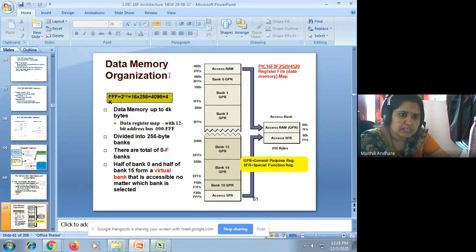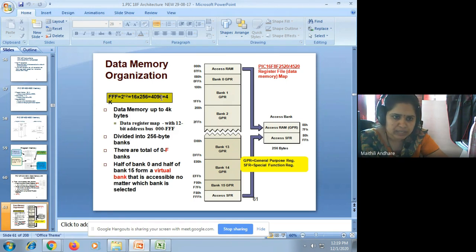This is the organization of data memory. Again, a number of banks are available. The data memory is 4 kilobytes, divided into a total of 16 banks, 0 to 15, and each bank is of 256 bytes.